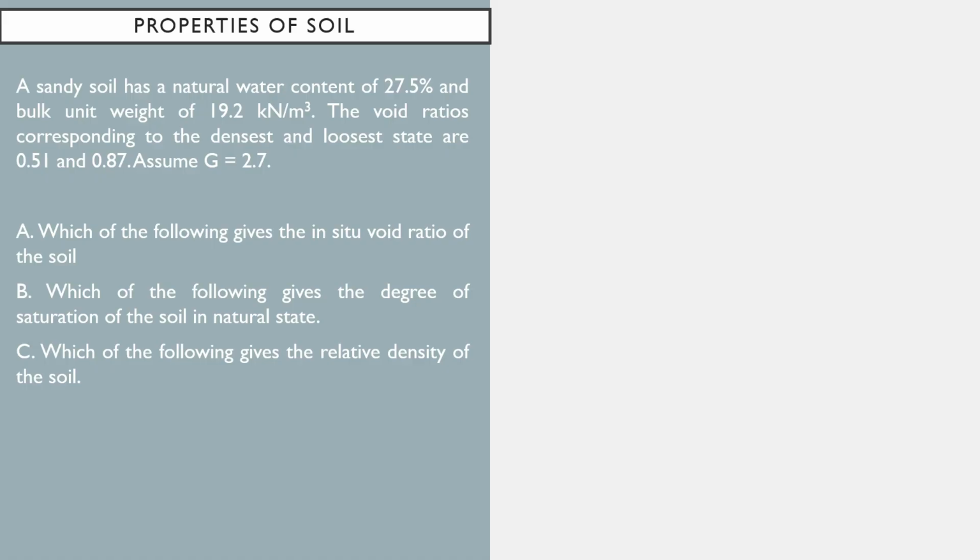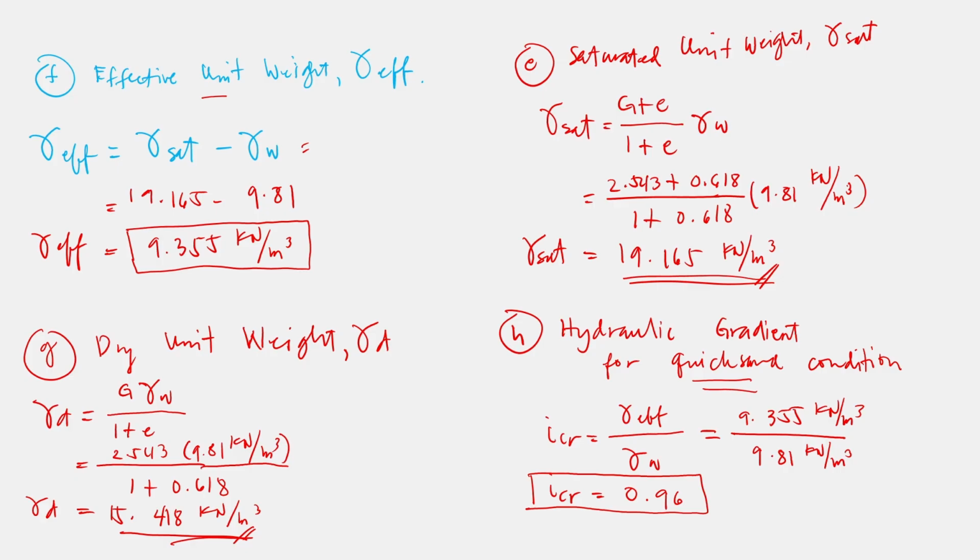So, balikan lang natin saglit yung previous problem natin. So, dito sa ito hydraulic gradient for quicksand condition. Ayan. So, balikan lang natin. So, yung answer natin dito is 0.954 pala. Ayan. So, sorry, my bad for that. Akala ko kasi yung 6 actually na ano ko, yung 5 na akala ko 6 yon.